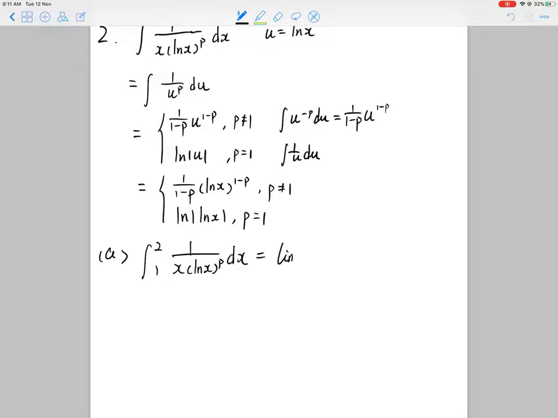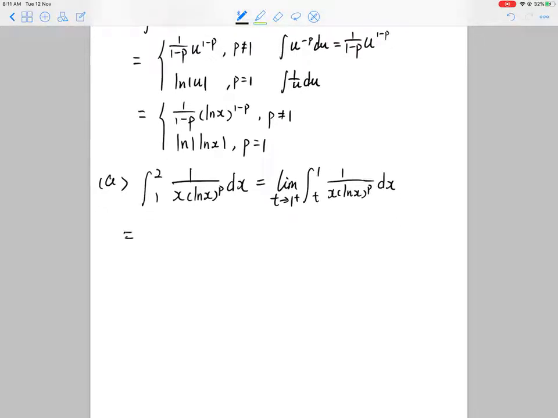So it should be the limit as t approaches 1 from the positive side, because it's from 1 to 2. Then for this integration, because we already have the result, it is the limit as t approaches 1 from the positive side.